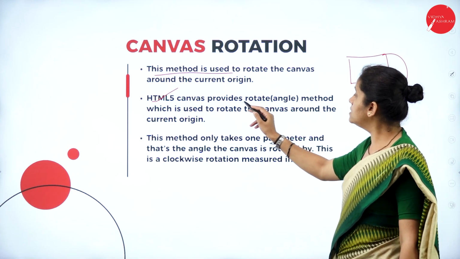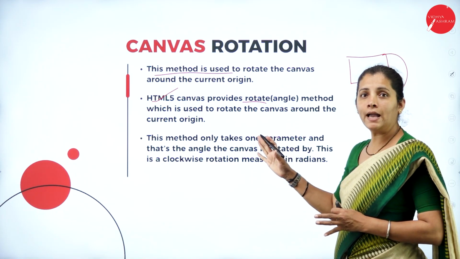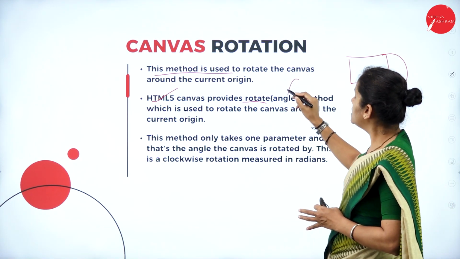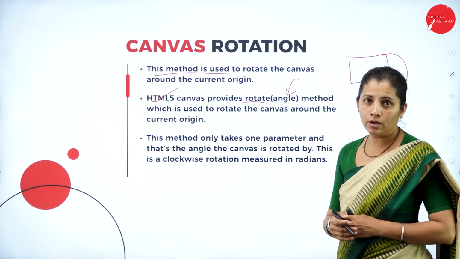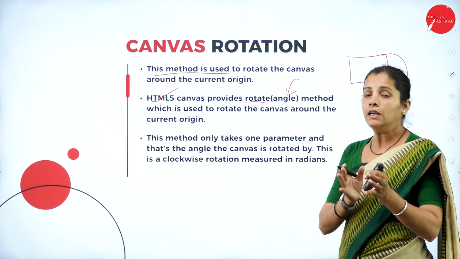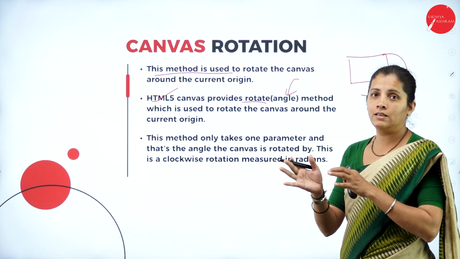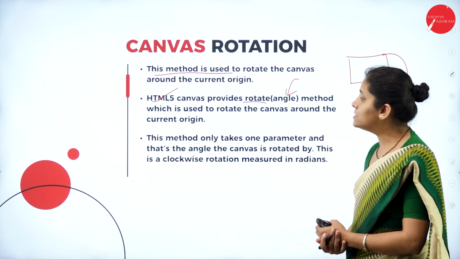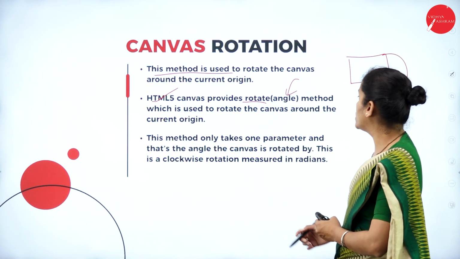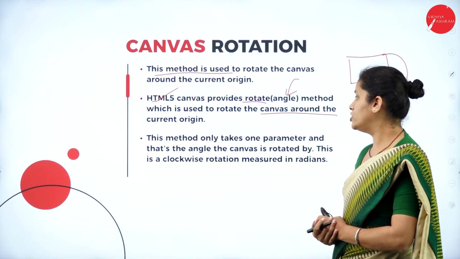So what is my method name? Rotate. Rotate is my method name. What is the parameter? That's nothing but the angle. I'm going to specify the angle, 90 degree or 120 degree, 160 degree, or 360 degree. So this is the method used to rotate the canvas around the current origin.